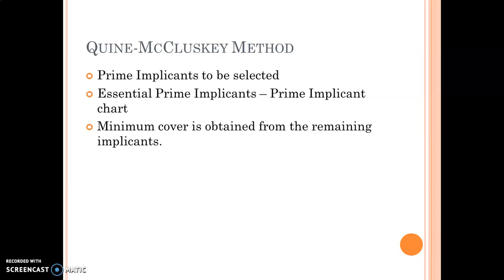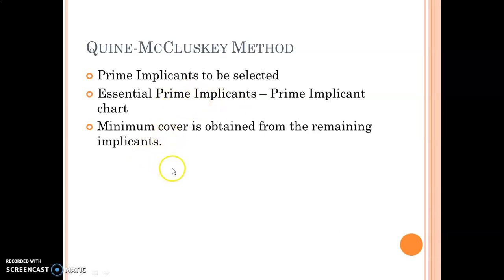The following are the steps to be followed in Quine McCluskey's method. First step, a set of prime implicants of the function must be obtained. In second step, from the set of all the prime implicants obtained in step 1, a set of essential prime implicants must be determined by preparing a prime implicants chart.